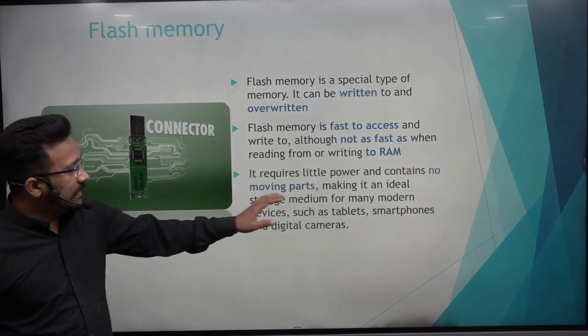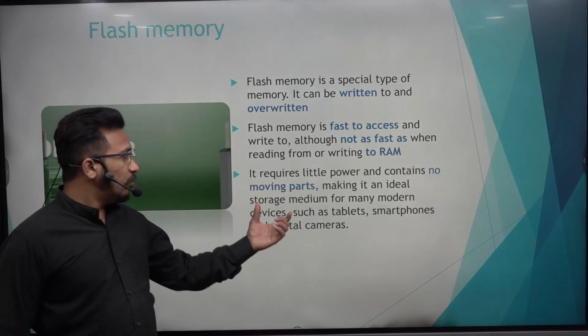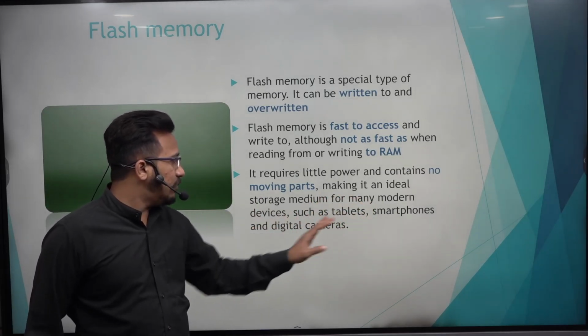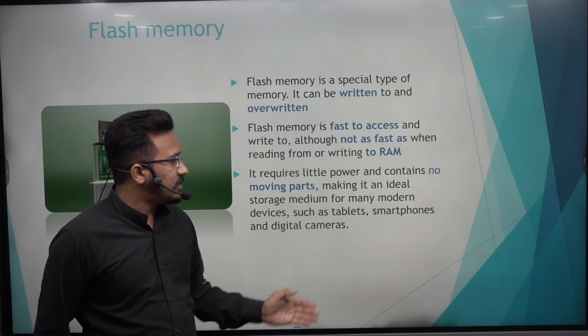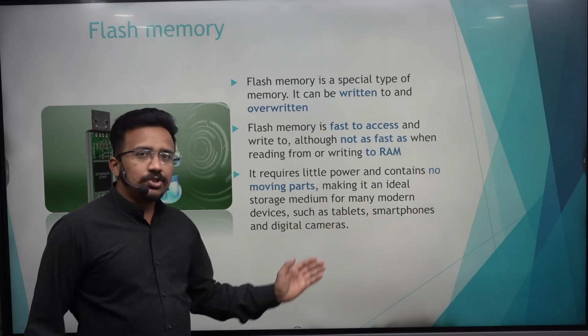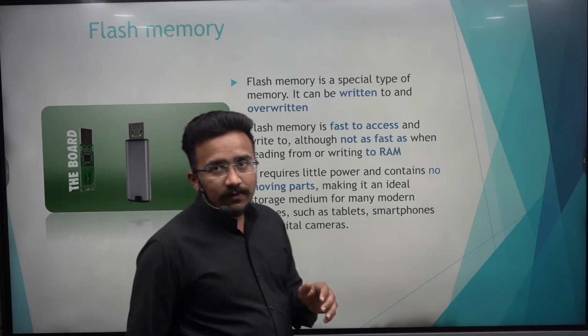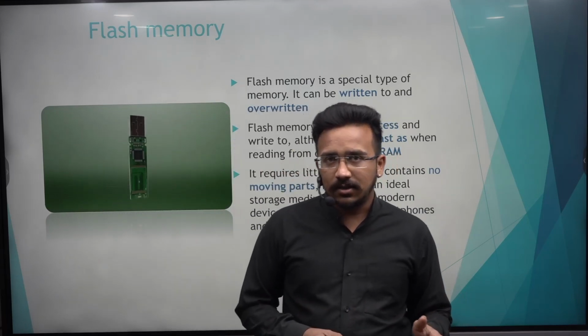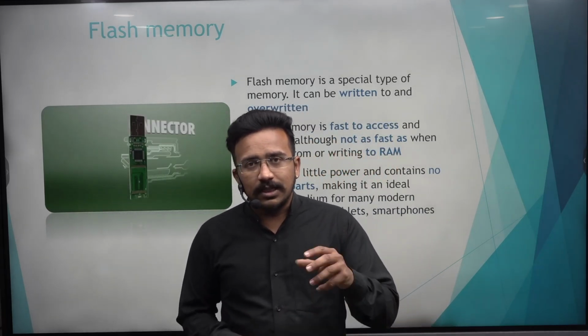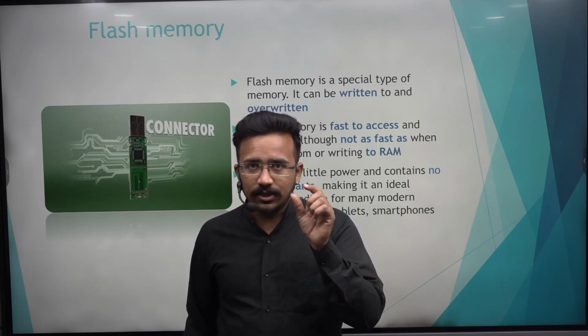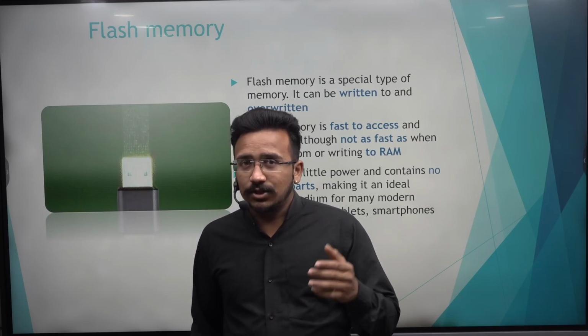It requires little power and contains no moving parts, making it an ideal storage medium for many modern devices such as tablets, smartphones, and digital cameras. Your mobile, which has built-in memory inside it, that built-in memory is flash memory. You can see a small black integrated chip. That black integrated chip is what?